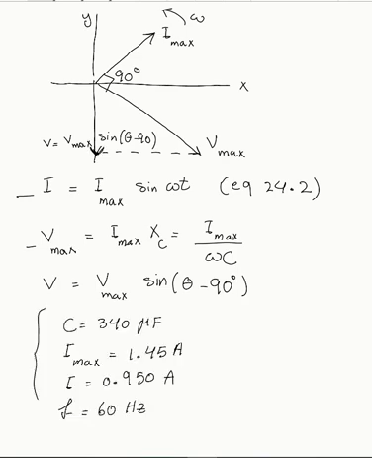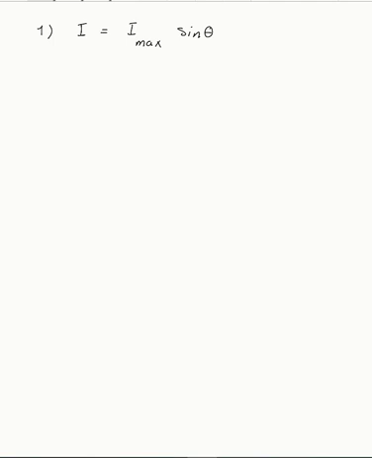Okay, now that I know which equations I need to use, I'm going to write down the knowns of the problem. I know the capacitance, I know I max, I know the value for I, and I know the frequency. What I need to find is V, not V max, but just V. What I don't know in order to find V is theta, but I know I and I know I max, so I can find theta to be sine inverse of I divided by I max.